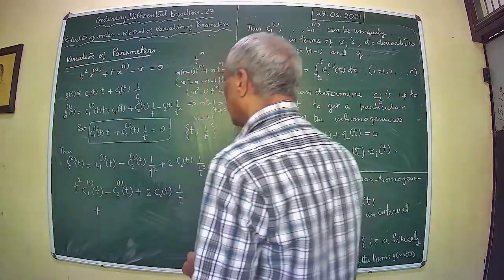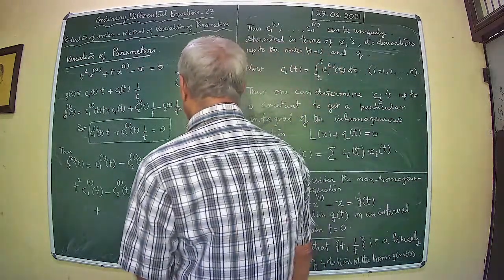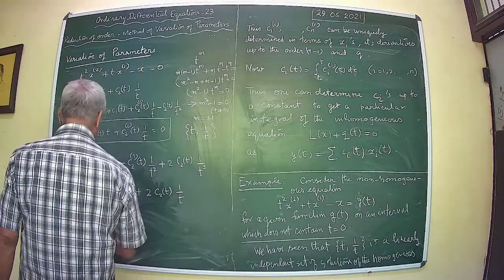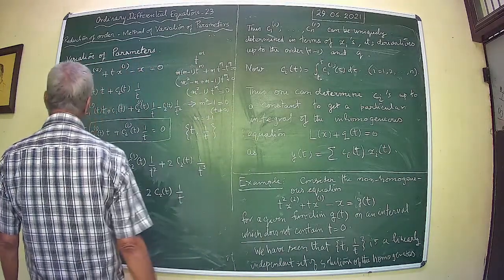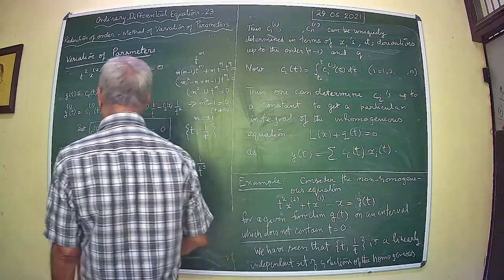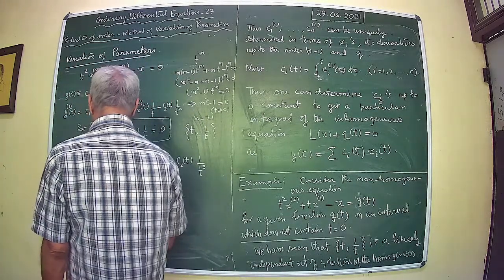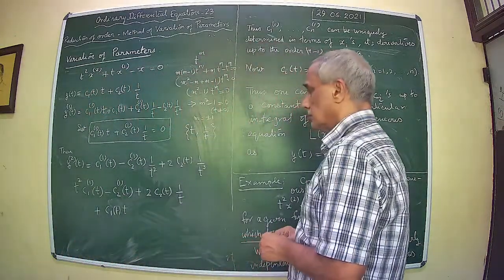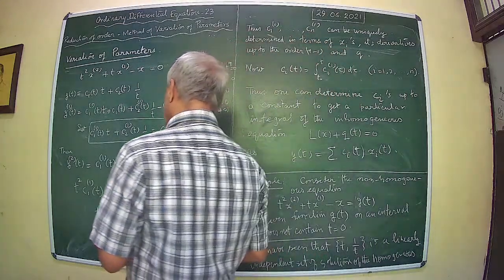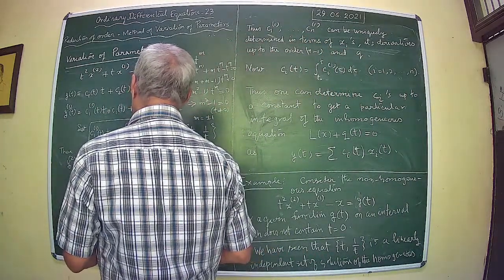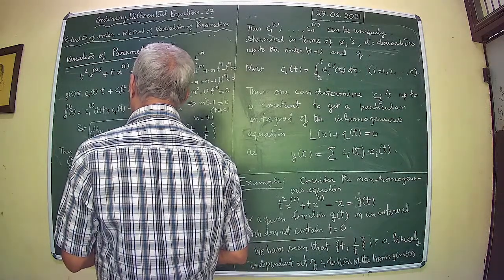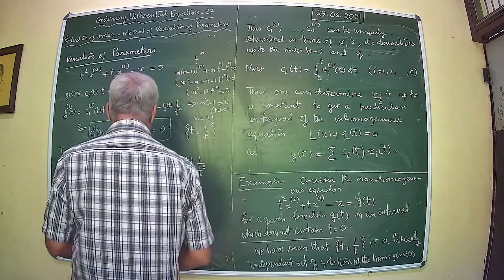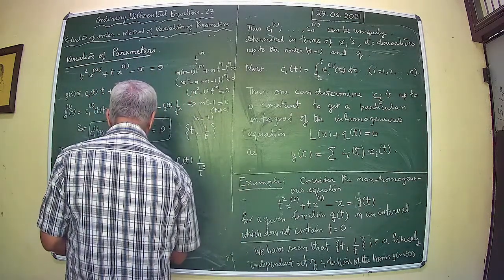t into x derivative. So x derivative would be this term. So c1 derivative, no, that is gone. So c1 t minus c2 by t.